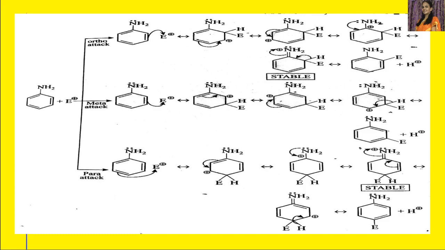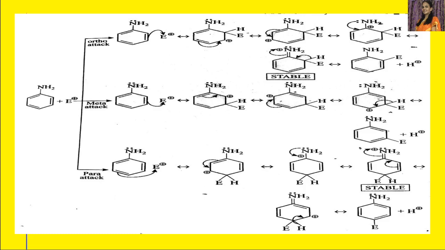Okay. Now this positive charge is delocalized with the two other pi bonds present in the benzene ring. Thus we get this structure and this structure, and in these the electrons present on the nitrogen atom are not involved in resonance. Therefore, here we get only these three resonance structures.